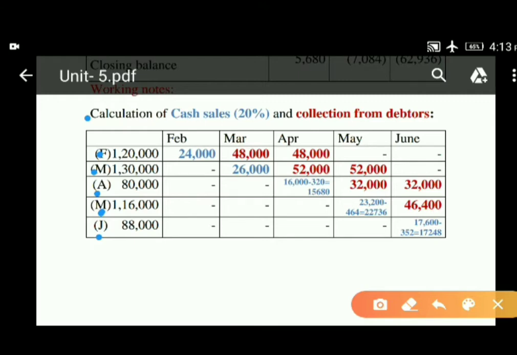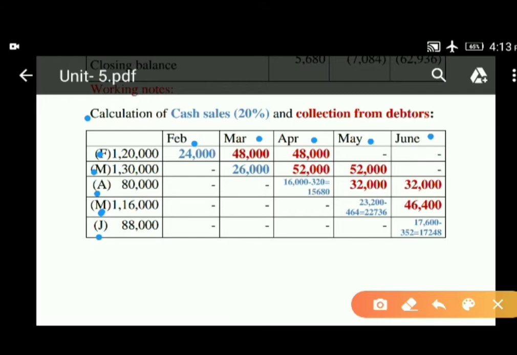So here horizontally we have taken February, March, April, May, June to calculate what are the cash sales and what is the amount of collection from debtors in each and every month. See, February 1,20,000 sales.